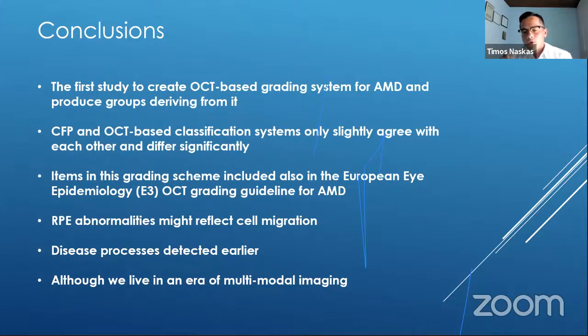So we don't know what that is, but we suspected back at the time that these material detaching from the level of the RPE, what it might reflect is that there are RPE cells there which migrate towards the inner retina in order to find alternative nutritional sources. And we also found that, of course, several disease stages and processes are detected earlier.